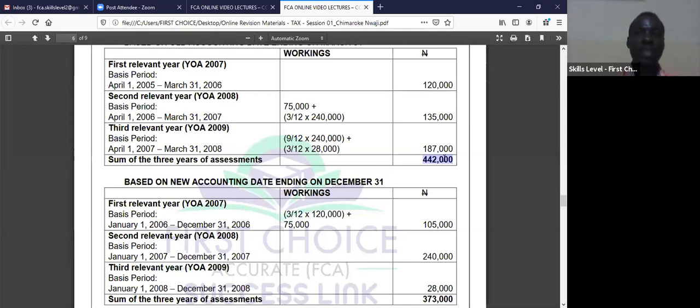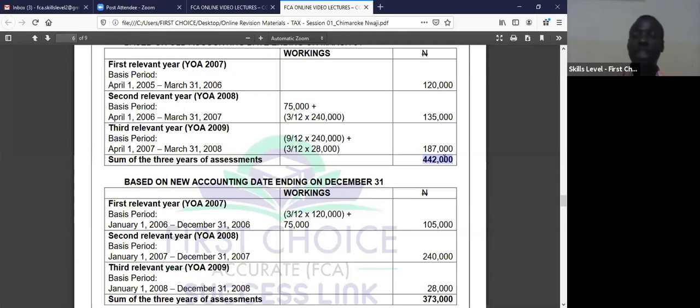It means in your commencement of business, you have 3 years: first year, second year, third year. You cannot change your account during the first 3 years. You can change your account from year 4.